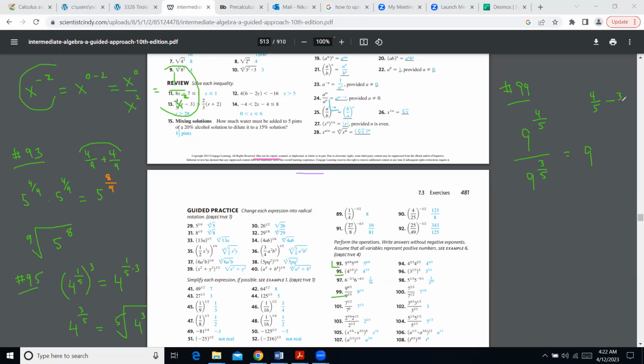So I'm going to need to subtract from 4/5, 3/5. And since the denominator is the same, I just subtract numerators and get 9 raised to the power of 1/5. You don't have to write 5th root. I just wanted to stress that just in case. So this is the idea.